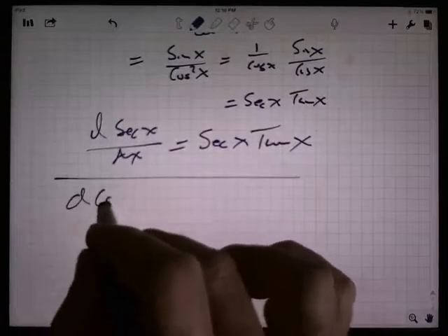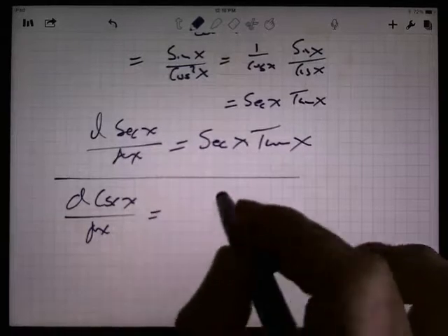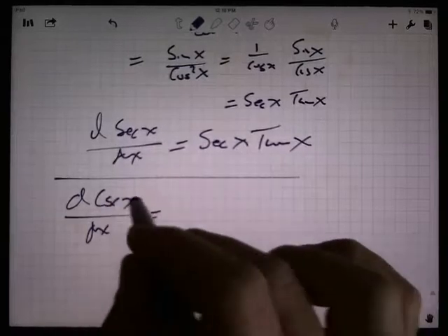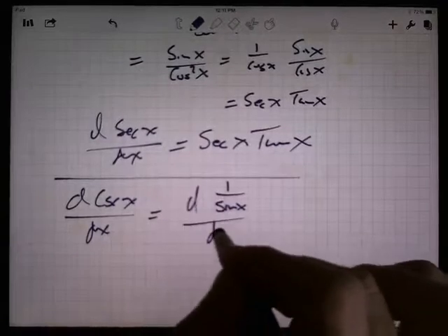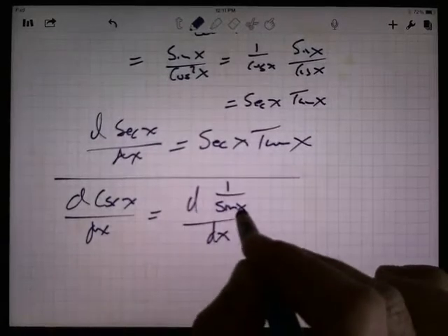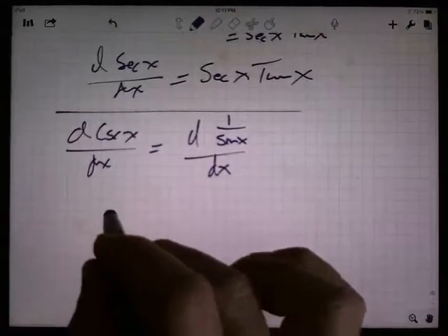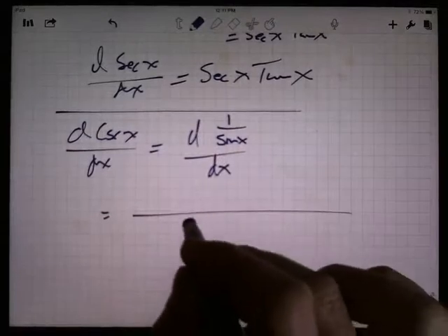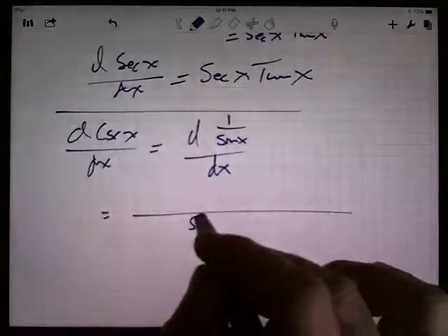So looking at the derivative of the cosecant of x with respect to x, I'm going to think of this as cosecant is the reciprocal of the sine. So I'm going to write it this way because I know how to take the derivative of sine x, I know how to take the derivative of 1, and I know how to take the derivative of the quotient. So here we go. I've got the denominator squared, sine squared x.